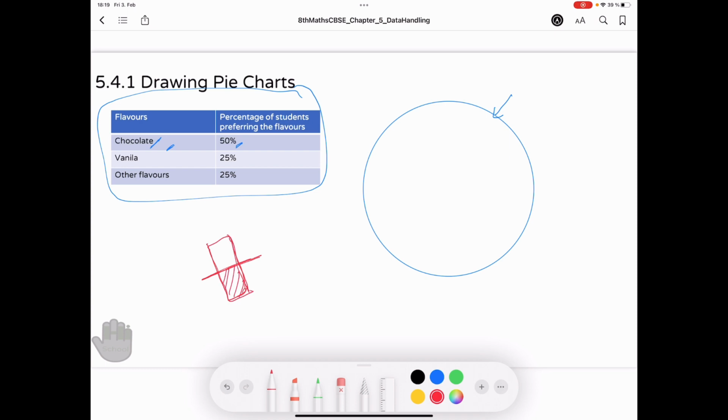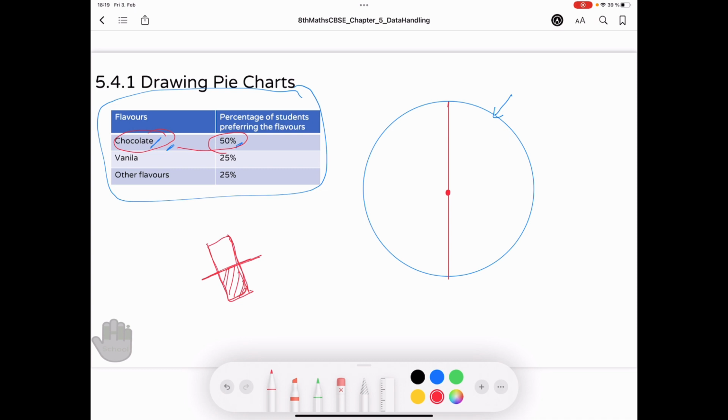So to represent the percentage of chocolate in this pie chart, we divide this circle into 2 halves. How do we divide a circle into 2 halves? We have to find the center, and then we put a straight line from this center, so that the line passes through the center of the circle.